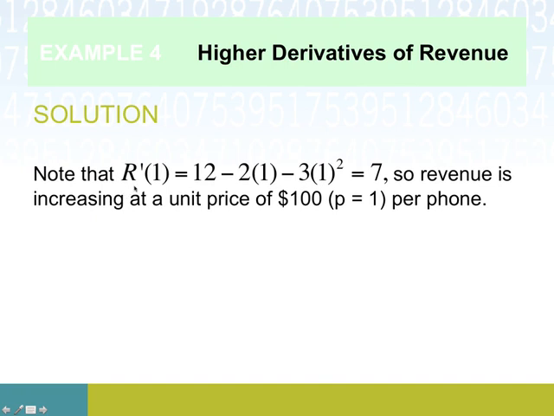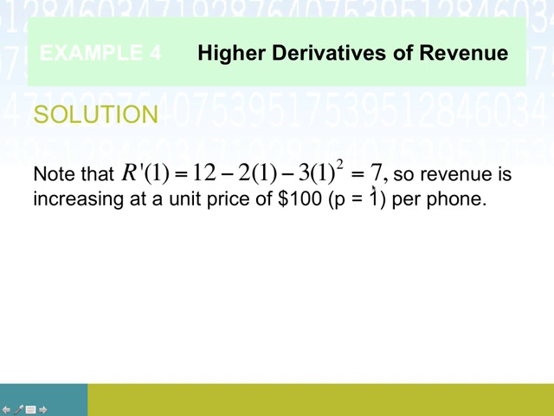So let's figure out units because we're going to need to trace through this interpretation, and part of that is getting units right. If we plug in 1 for r prime, we know that revenue is increasing there. This is part of our previous example as well. If we plug in 1 to the derivative function, we get all the way through, we get 7.